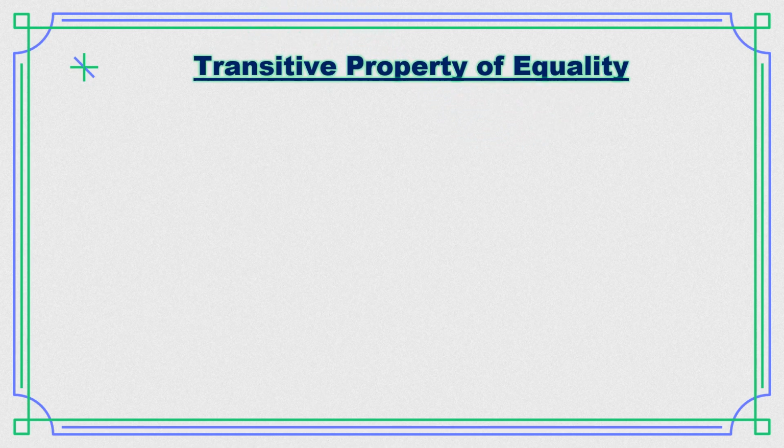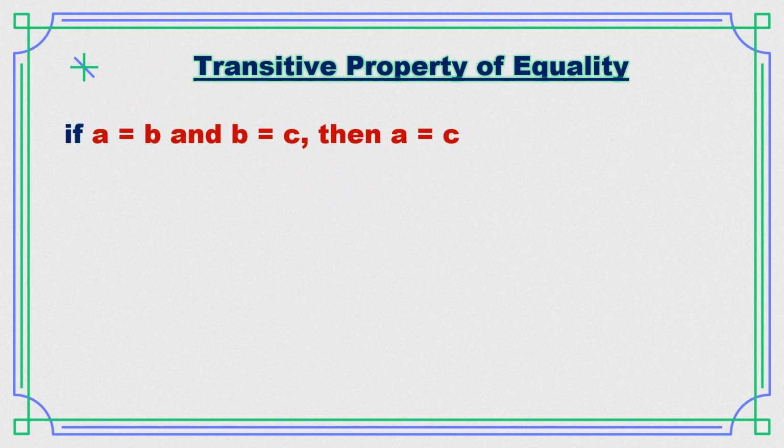Okay, for the ninth property, we have the transitive property of equality. Kapag transitive, if A is equals to B and B is equals to C, then A is equals to C. Okay, kung mapapansin nyo, magkapareho yung B natin dito. Ngayon, ang magiging equal na lang ay si A at saka si C na lang.